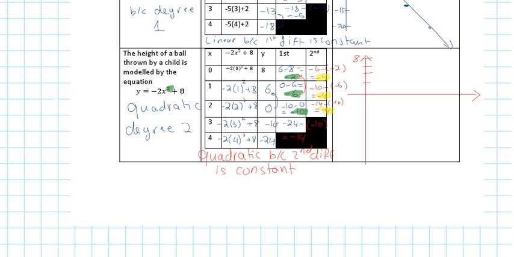And then negative 2, negative 4, negative 6, negative 8, negative 10. Okay, so I'm going up by 2 on the y. On the x, I'm just going to do 5.